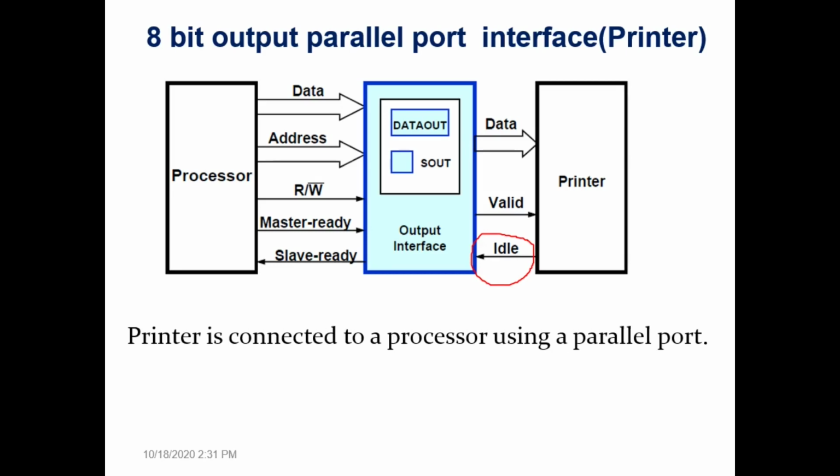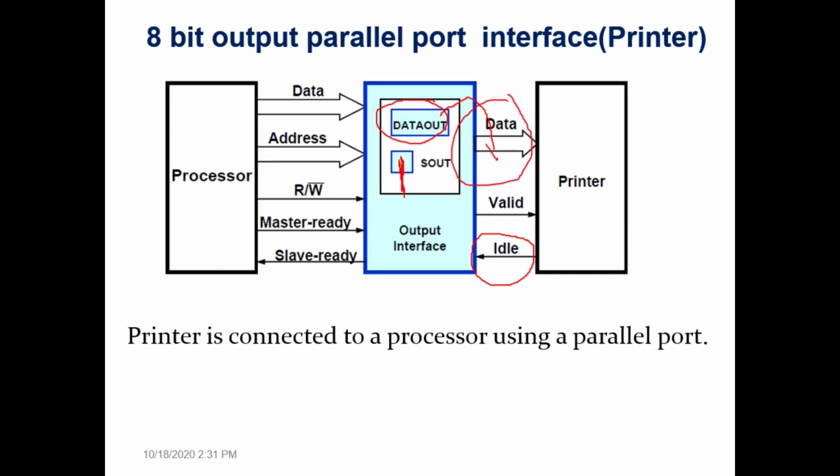Now when the idle signal is 1, the interface circuit makes the S out bit 1, so that the processor comes to know that the printer is free, and the processor sends some data and stores it in the data out register. Now data is there and the printer is free, so the interface circuit copies that data from the data out register and keeps it on the data lines here.